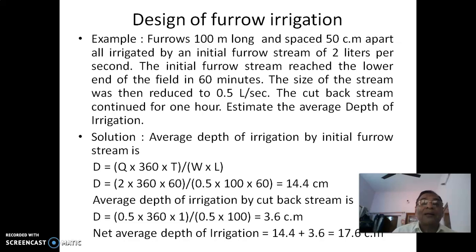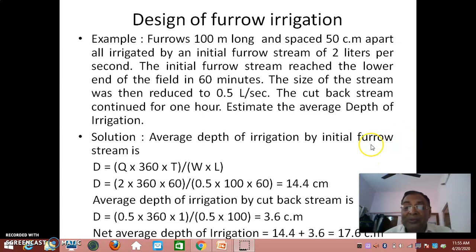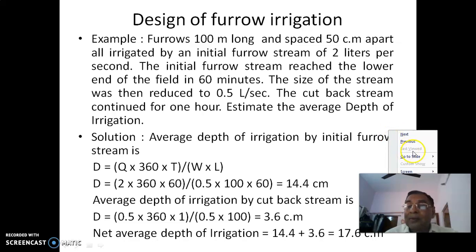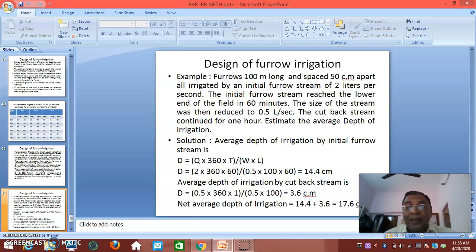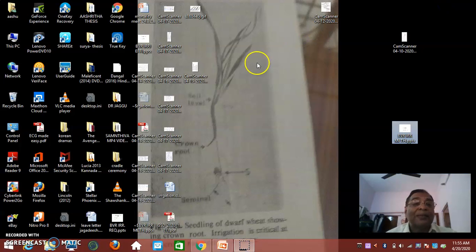Now, before we finish, we will also go back to our FAO documents discussion.